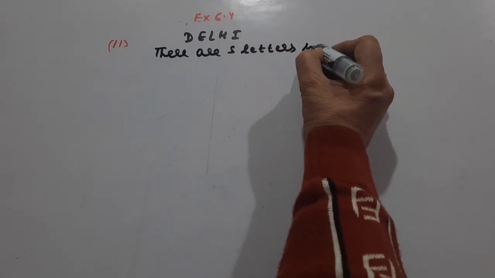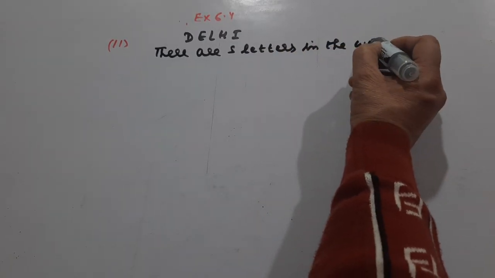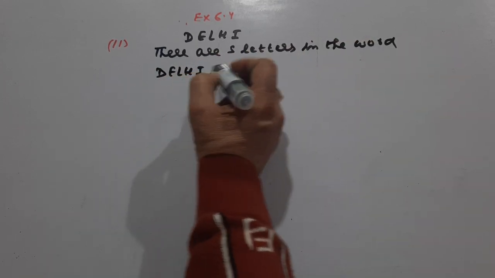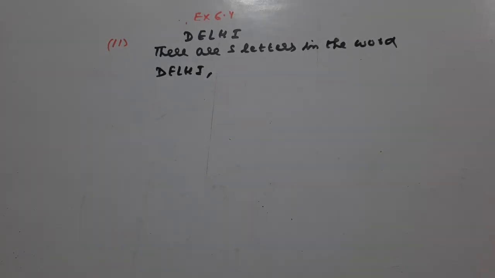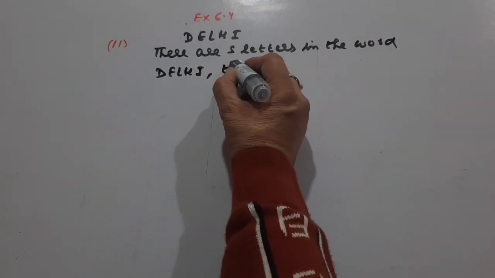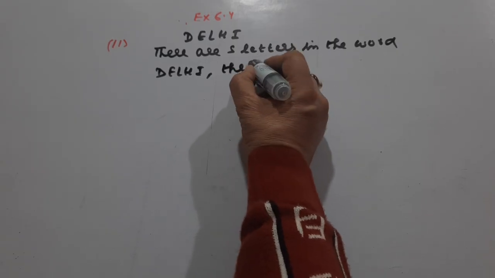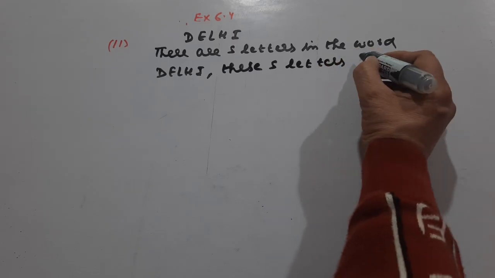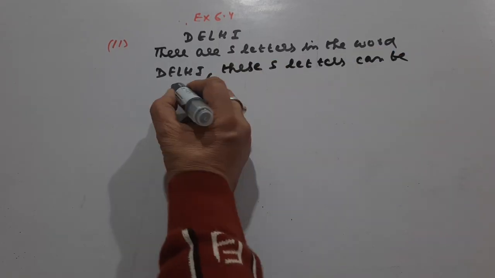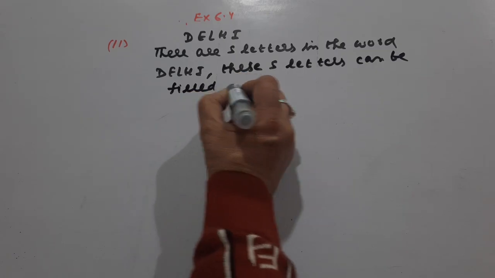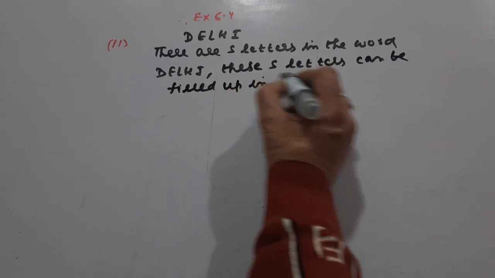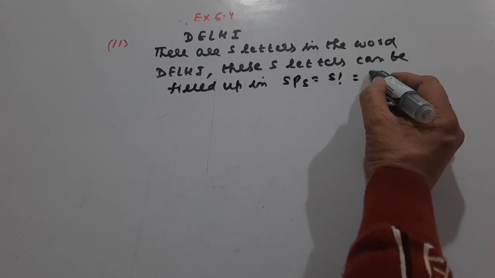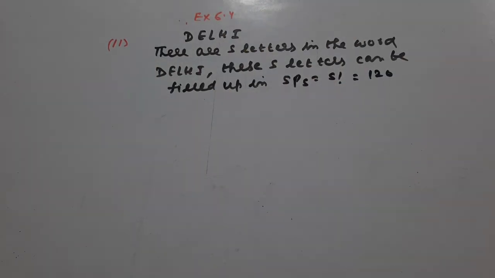There are 5 letters in the word daily, and these 5 letters can be filled up in 5P5 ways, equal to 5 factorial ways, and this is equal to 120, right?